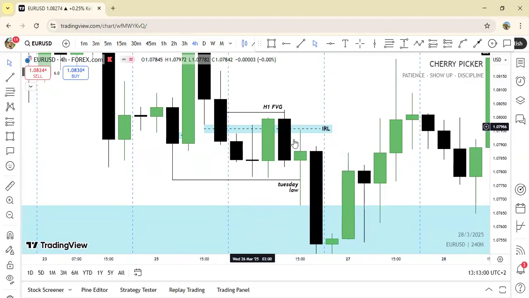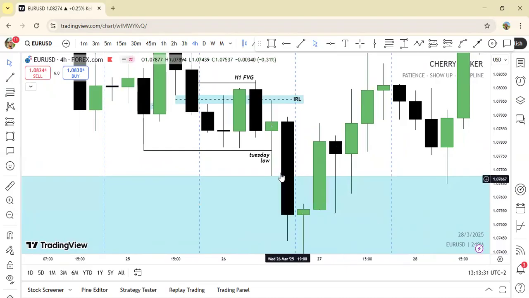Then price did what? It used this internal range liquidity and tapped on the H1 FVG, and started to roll down, taking out Tuesday low into our fair value gap, which was the weekly target, right?